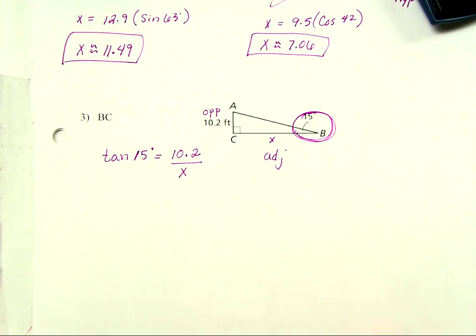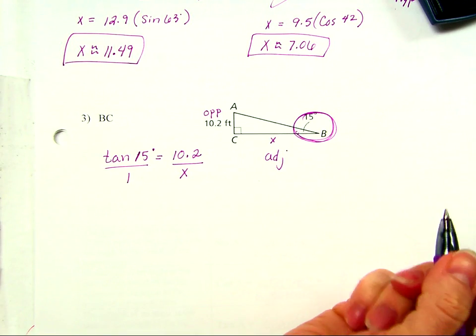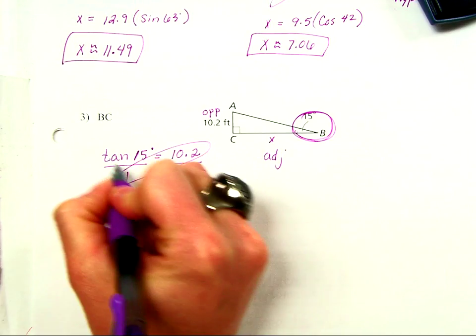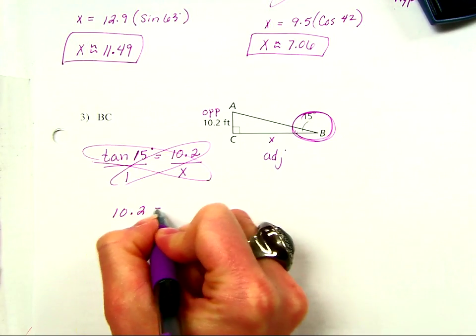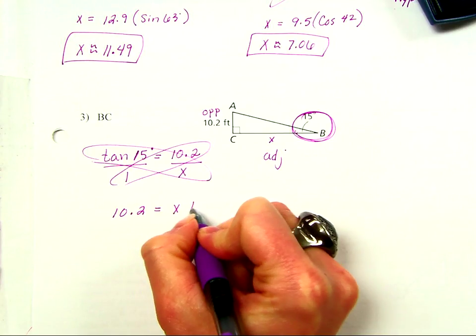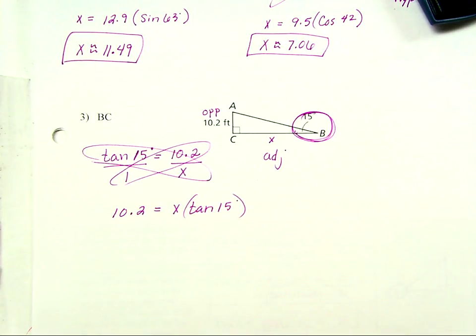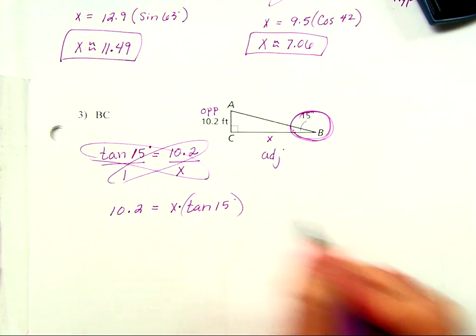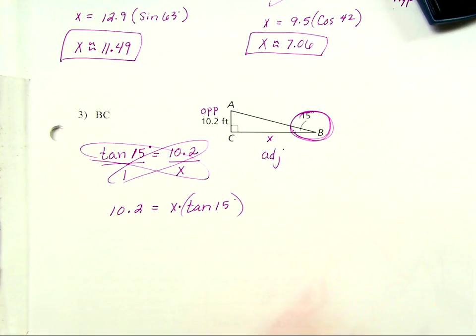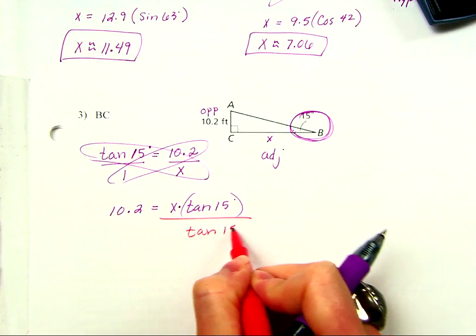Now this one looks a little bit different because as I set up my proportion here, and I look at my cross products, I can see we're going to have 10.2 equal to x times the tangent of 15 degrees. And that's okay. We're still solving for x. X is being multiplied by tangent of 15, so we're going to divide by tangent of 15.